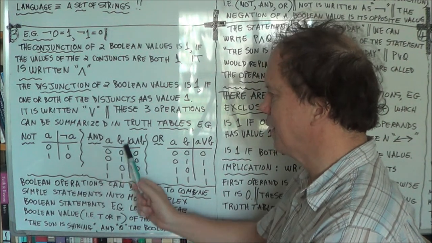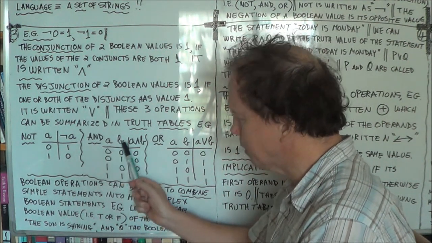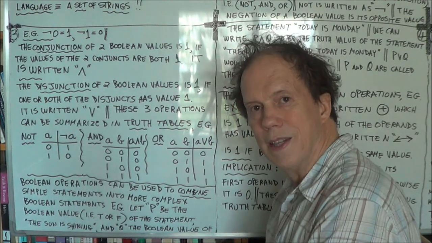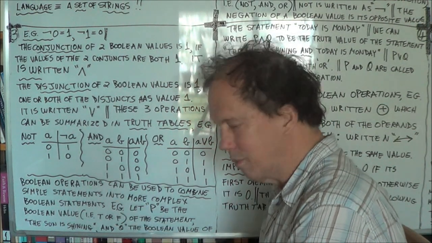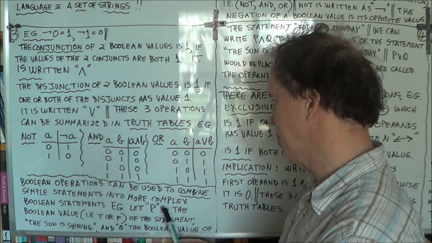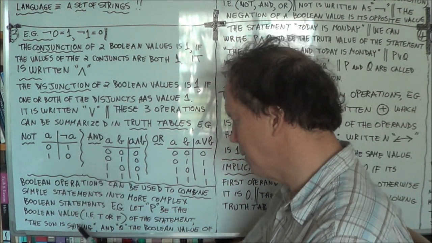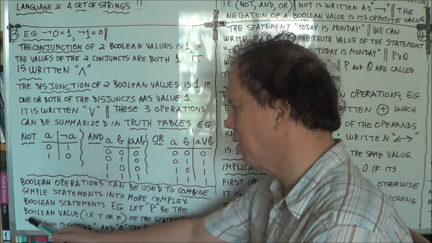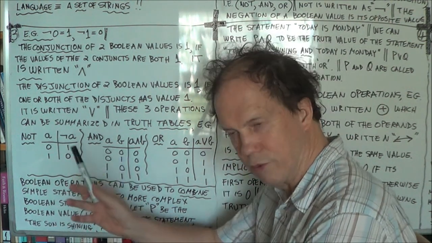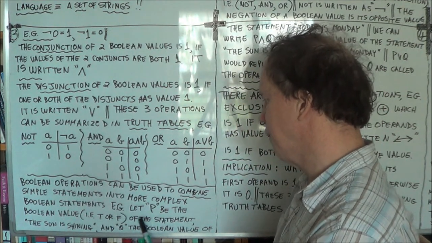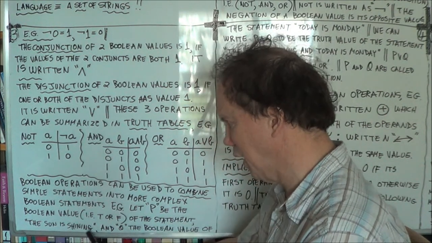these variables, you can let them represent a statement. For example, let P be the value, the Boolean value, in other words, true or false, that is T or F, of a statement. The sun is shining.